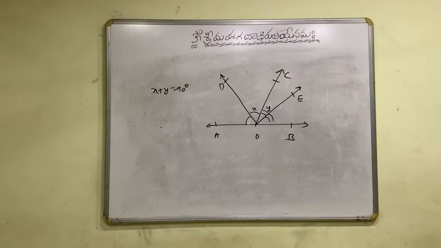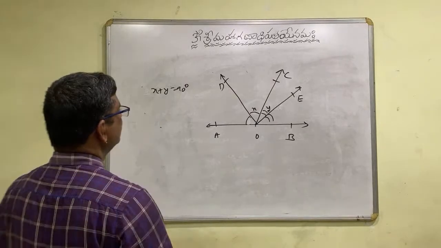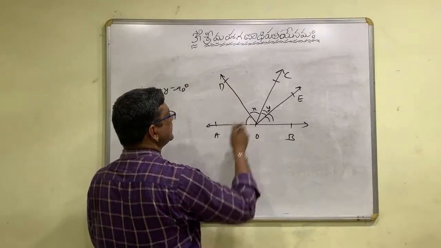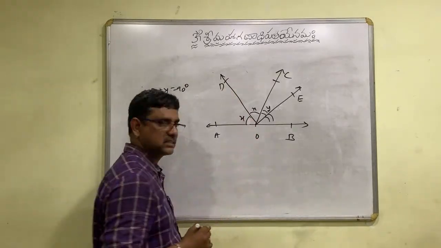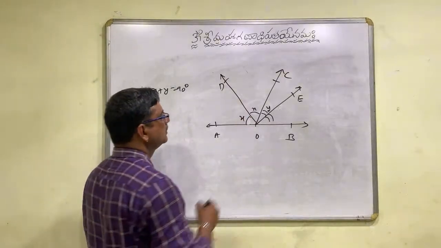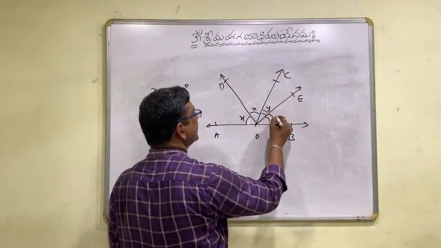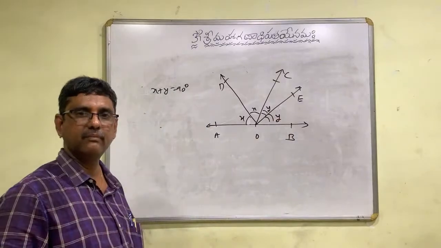Sum of all those angles is 180. Since OD is the bisector of this angle, I can name this angle also x. OE is the bisector of BOC, so I can name this angle also y.